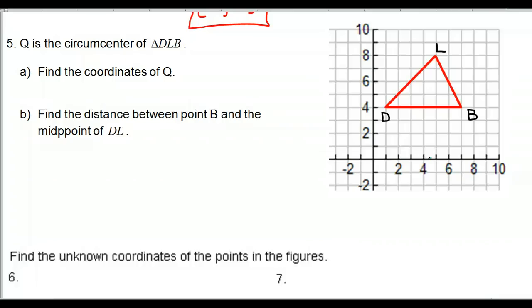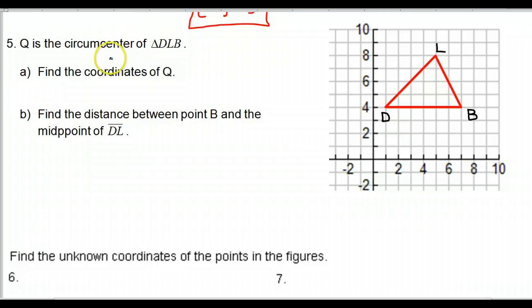And there's a long version where I go into a lot of detail and a short version where I just do it very quickly. So please, if you are having trouble understanding from this video, this one example, go back and practice by watching the full video that's all about how to find the circumcenter using coordinates like this.